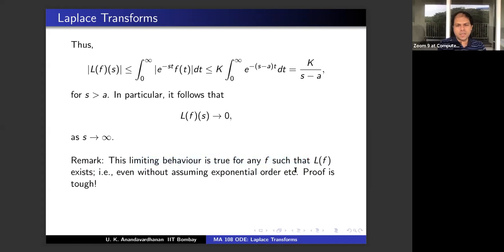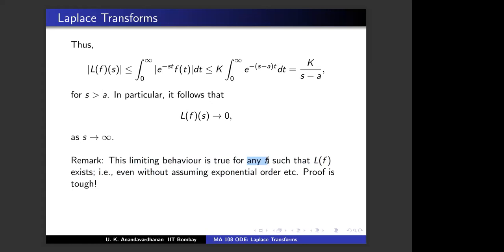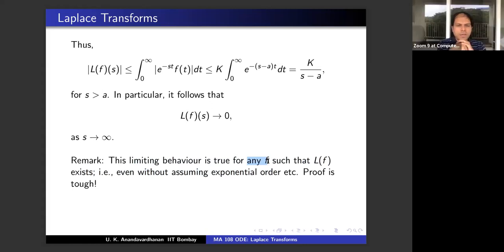If LF exists, what is f here? In the earlier statement, you said f is a function which is piecewise continuous of exponential order. What is the meaning of any f? A function which does not have that criteria. But what is f here still? What is the notation f?